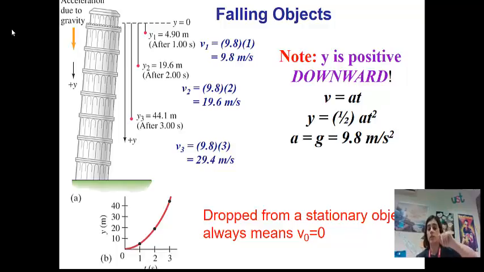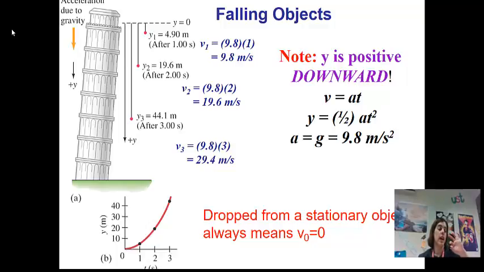Now we're making down positive, so make sure you pay attention to that here. After 1 second, it's going to be falling at a rate of 9.8 meters per second. 1 second after that, it's gained another 9.8 meters per second in speed. And again, after 3, now we're at 29.4 meters per second.